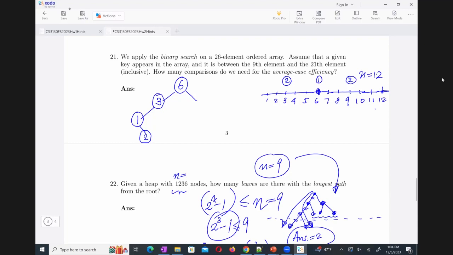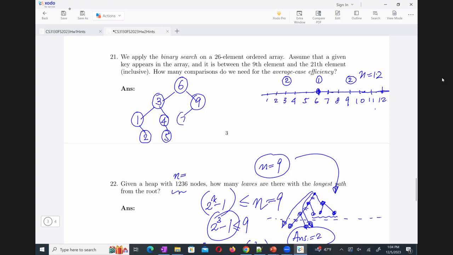4 and 5, this way. Then the right side, node 9 here. Node 9, 7 and 8.